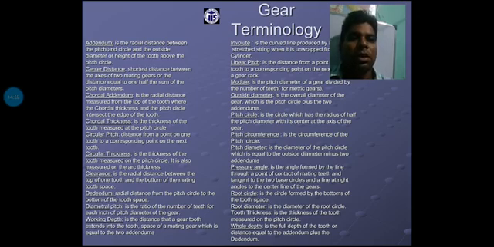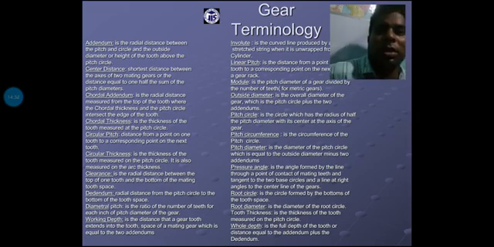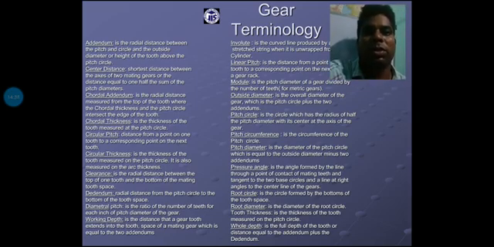Addendum is the radial distance between the pitch circle and the outside diameter, the height of the tooth above the pitch circle. That is actually known as addendum.